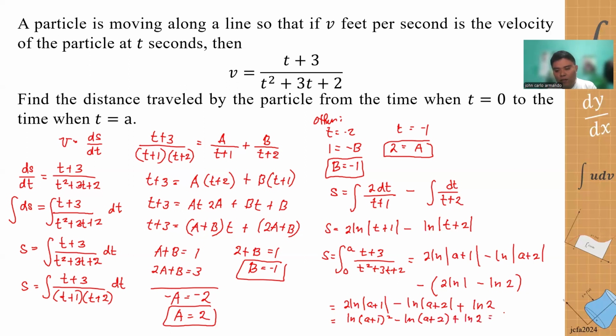And that becomes ln of a plus 1 squared times 2 divided by yung a plus 2. Okay, so that is the S. This is the answer. That's the distance traveled by the particle from time t equals 0 to the time when t is equal to a. Okay, so that's how to solve the problem. I like that.